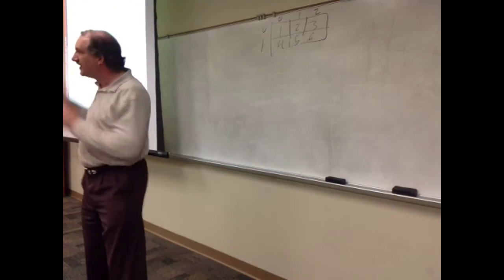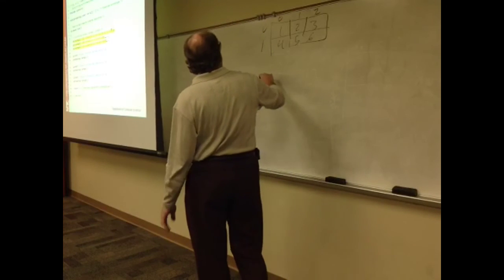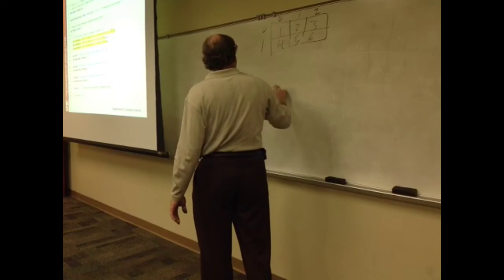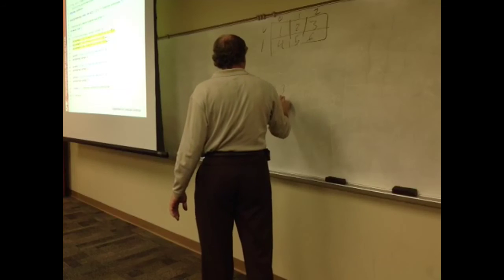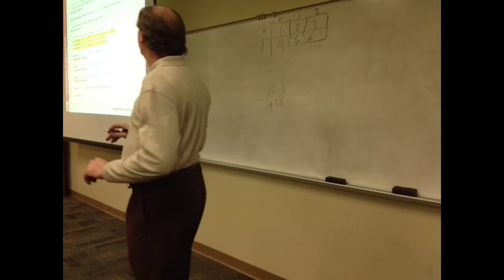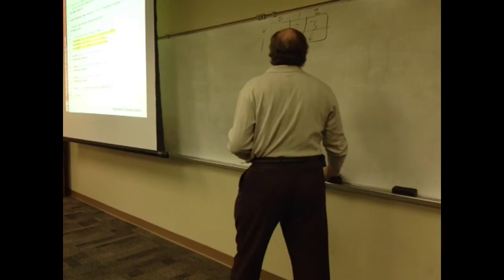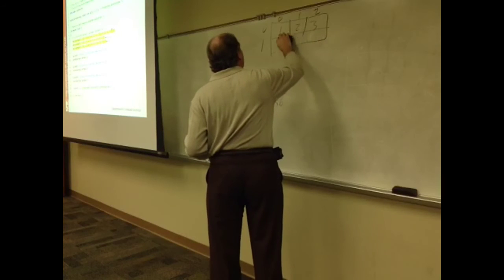Best way to look at it, best way to initialize it. Just as we step through to print out what's in it, we say 1, 2, 3, 4, 5, 6, going through our rows and columns.